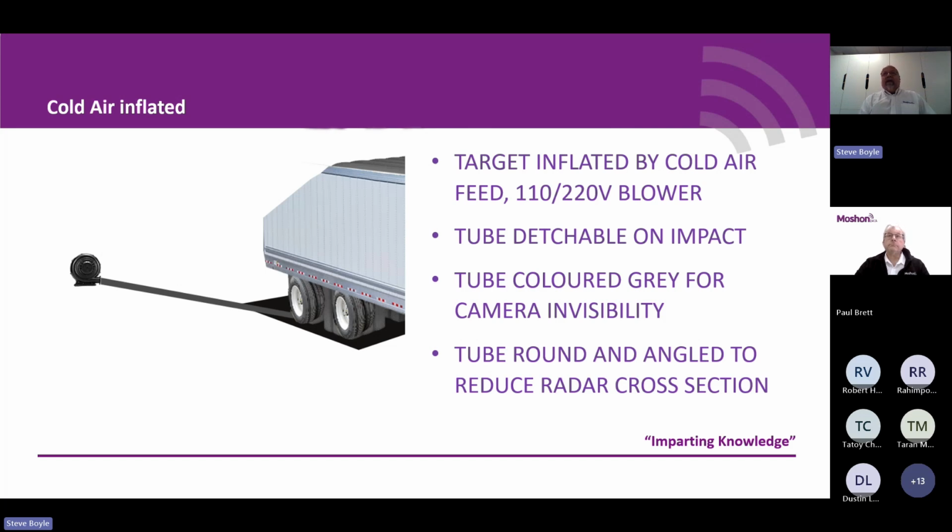The tube is a light grey to match the tarmac, so the cameras don't see it as freely as they could. It's round, so the radar signature is not very high on it. And also it's at an oblique angle from the target, so any radar signature should bounce off it. So it shouldn't really be detected that much. And it's right at the back of the target, and it can be put on the left side or the right side, depending which way you're going to drive around the target.